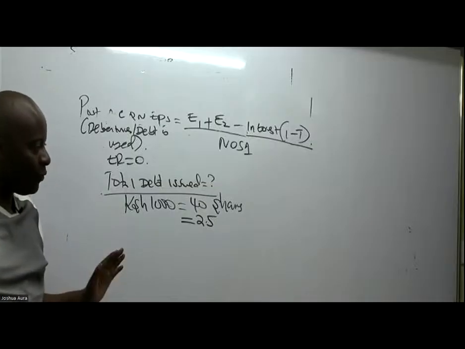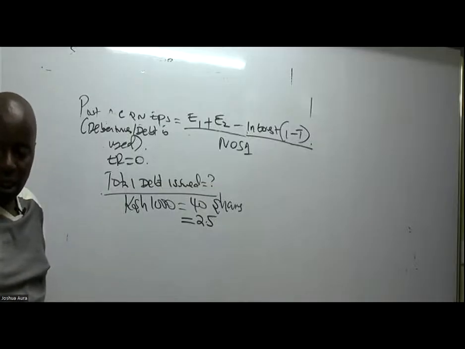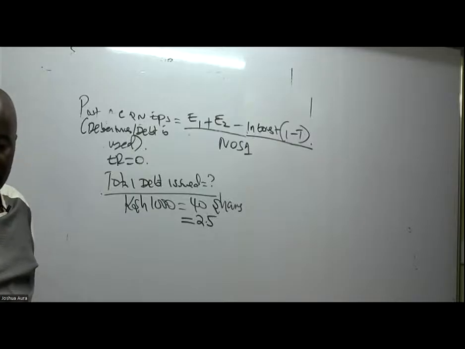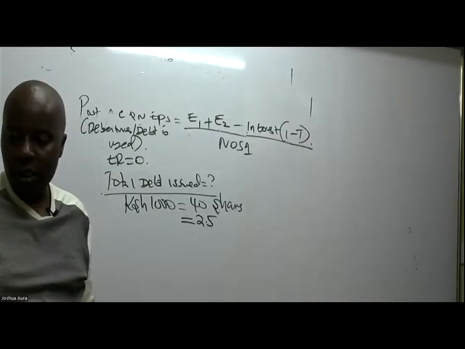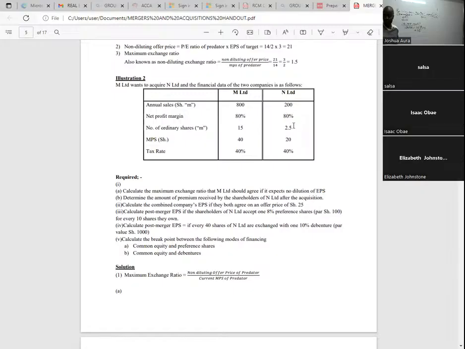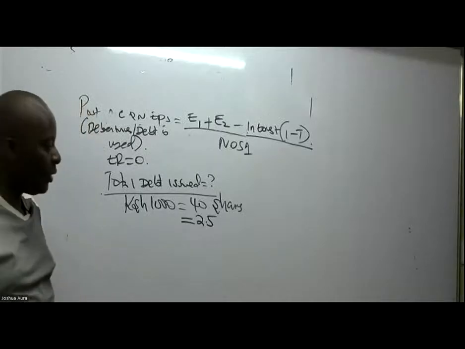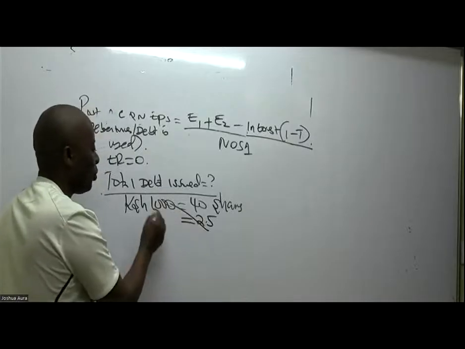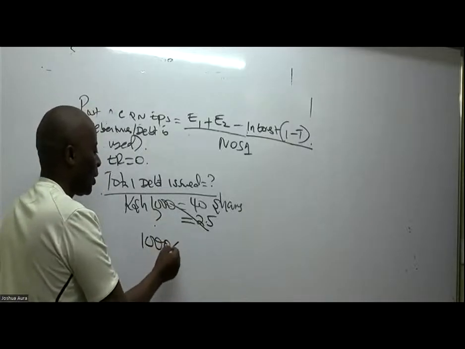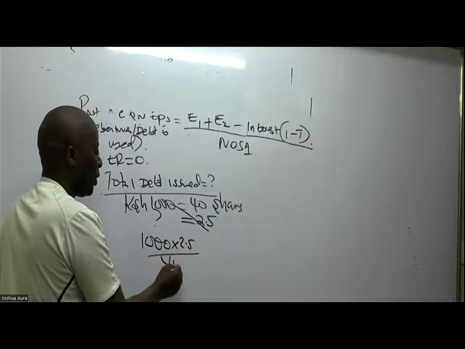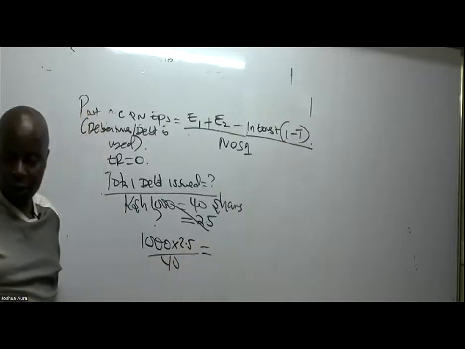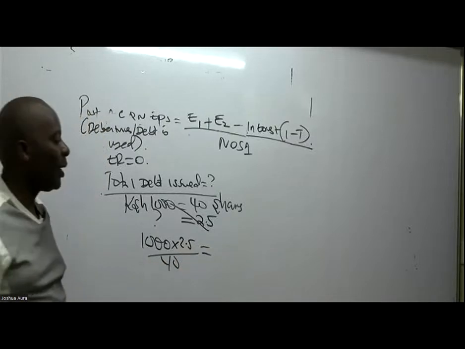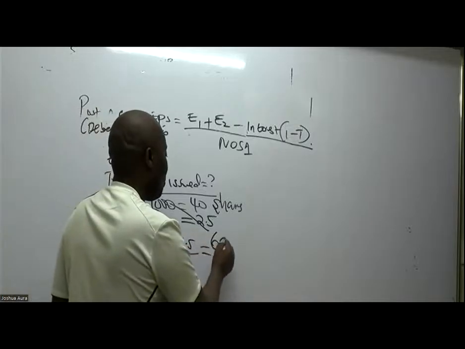So 2.5 is the number of shares of company two which you are acquiring. If you cross multiply, you get 1,000 times 2.5 over 40, which gives us 62.5 million.